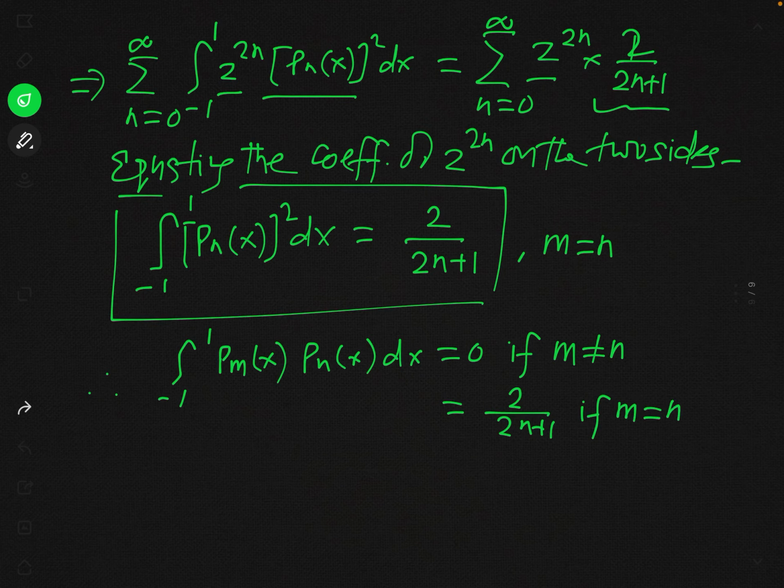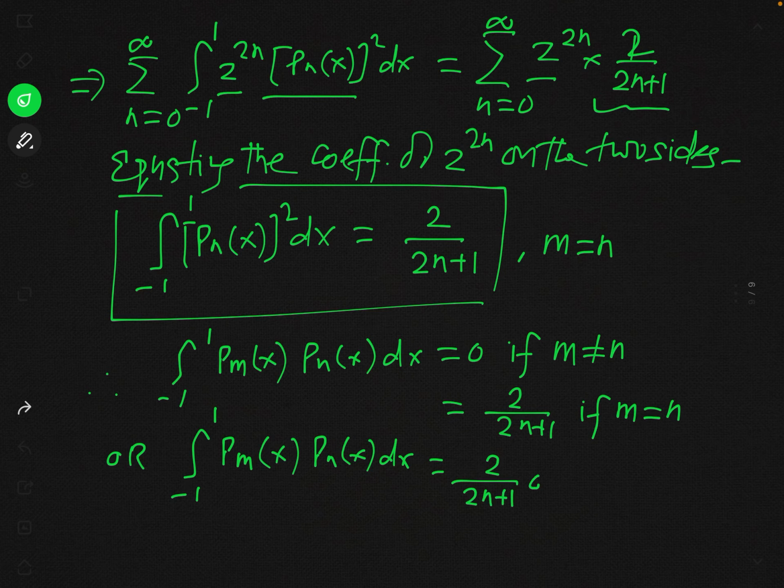You can see. And by the use of the Kronecker delta, this result can be written in one equation. This is integral minus 1 to plus 1 of Pm of x into Pn of x dx, equal to 2 over 2n plus 1 delta mn.